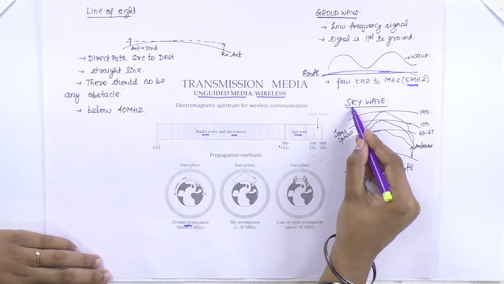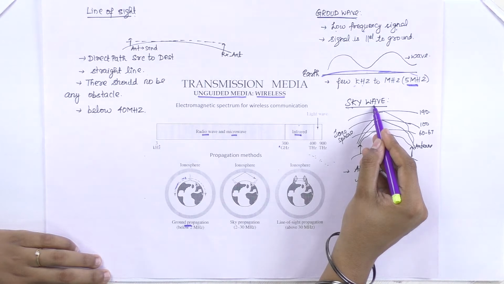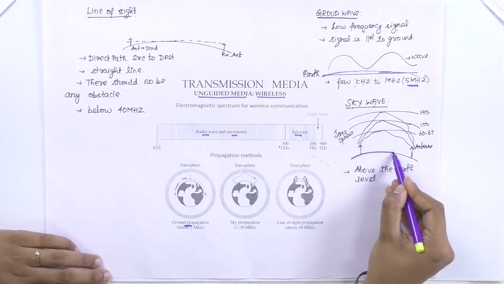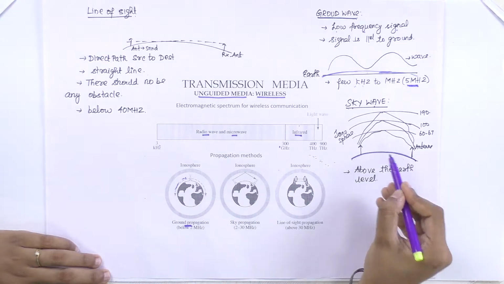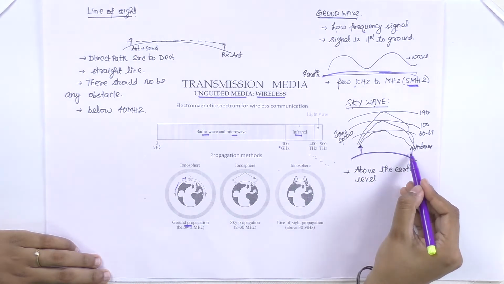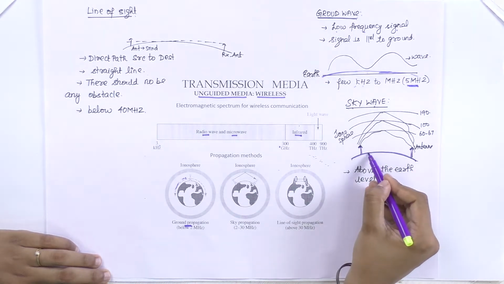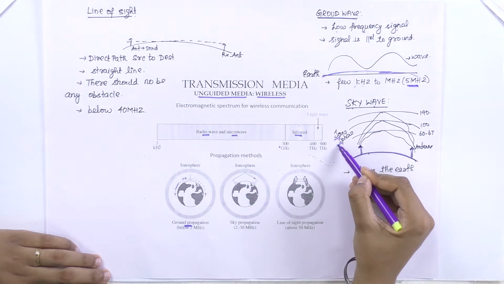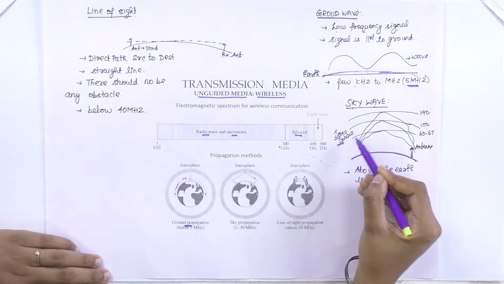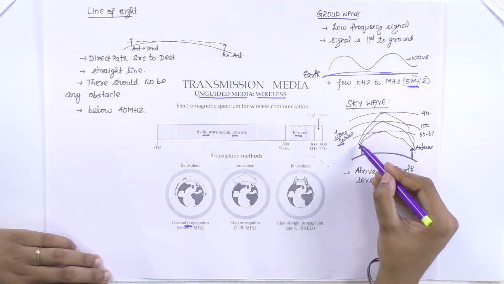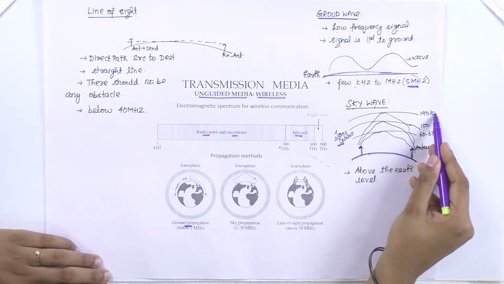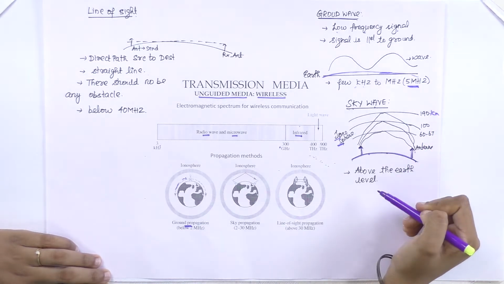Fine. So the next one will be your skywave propagation. If you look into this diagram, this one will be my earth level, and my antennas will reside here. Above the earth level, you have a portion called the ionosphere. This ionosphere may differ in kilometers from the earth level.